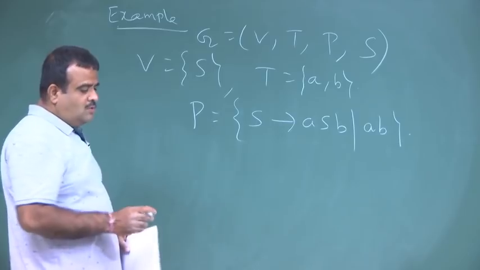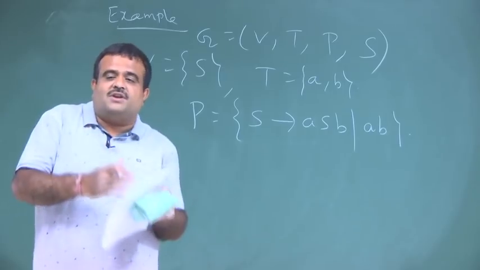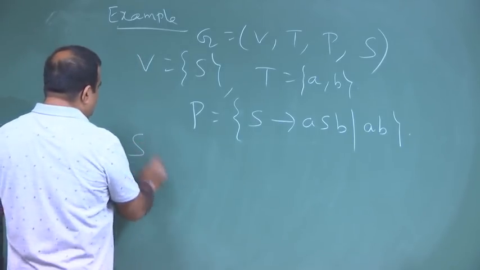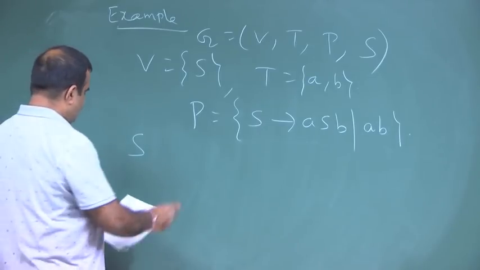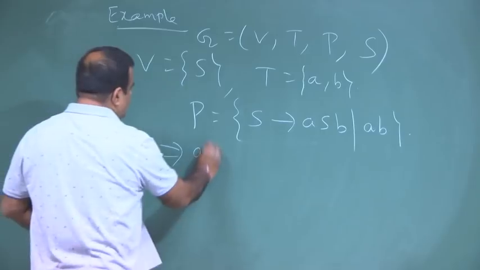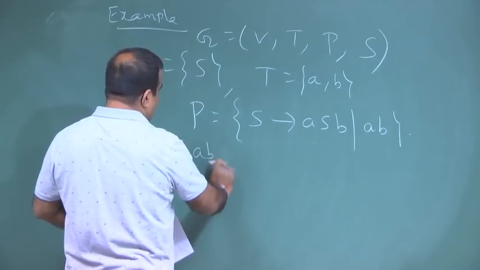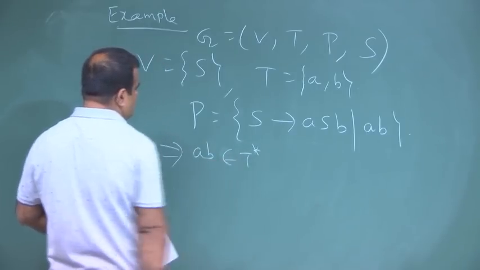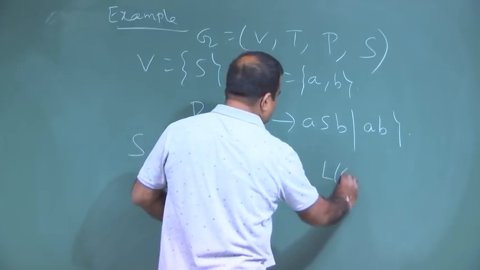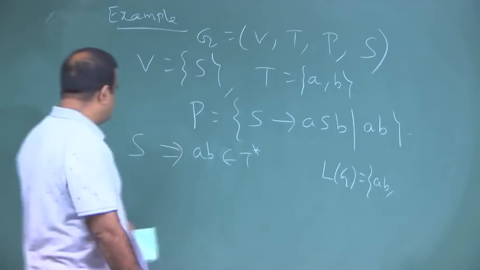It will be all strings of terminals which can be derived from the starting variable S. So, we start with S. We can take either one of the rules, so ab can be derived. ab is a string of terminals, so L of G consists of ab. Then what is next?